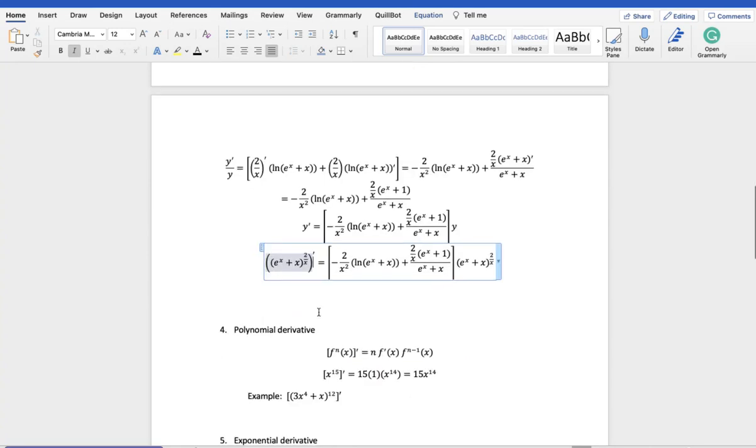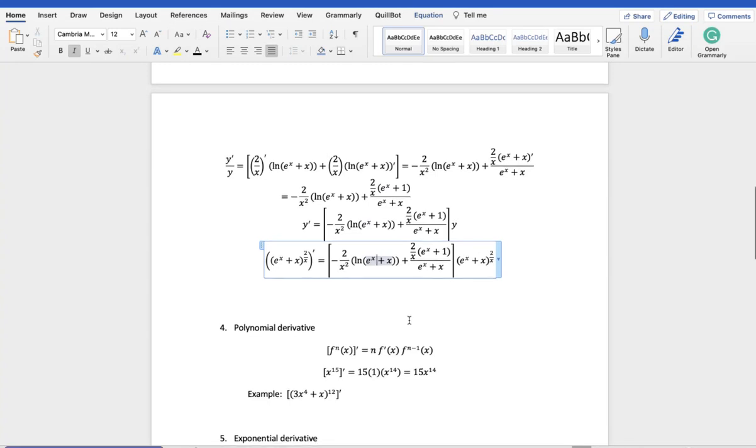So the derivative of e to the x plus x to the exponent of 2 over x is just equal to negative 2 over x squared times ln of e to the x plus x, plus 2 over x multiplied by e to the x plus 1 divided by e to the x plus x, all multiplied by e to the x plus x to the exponent of 2 over x. Right? So that's that.